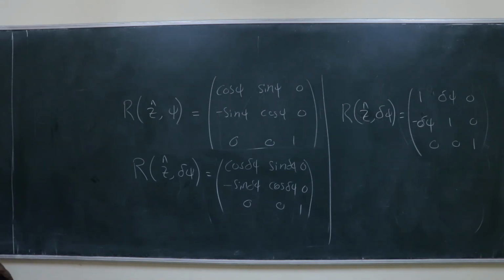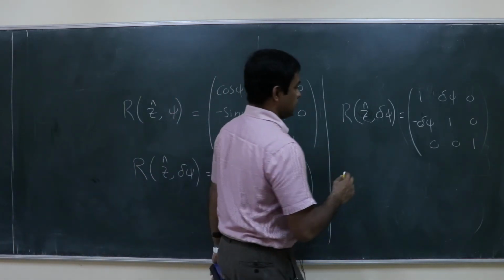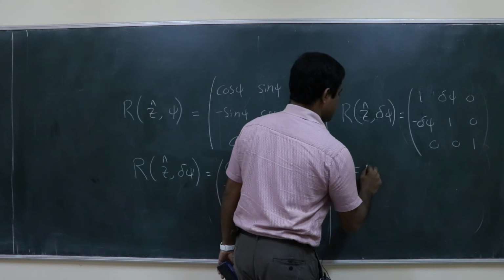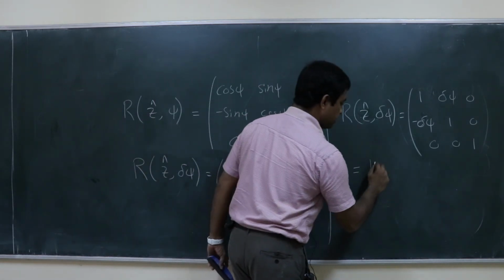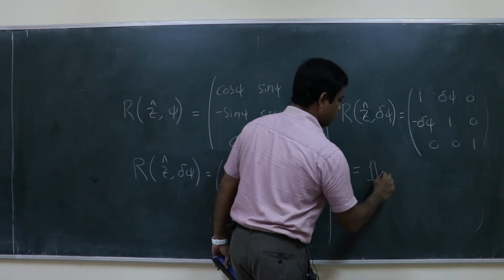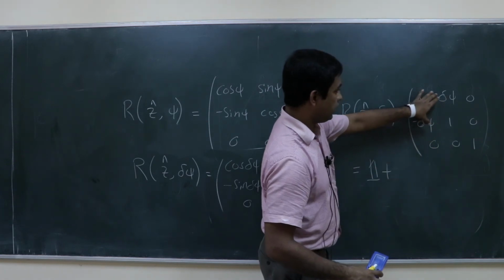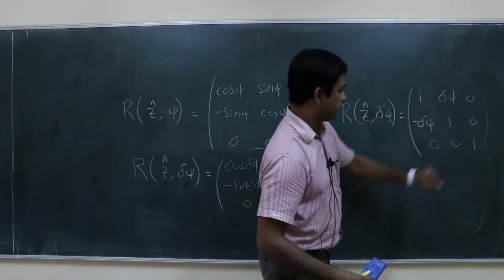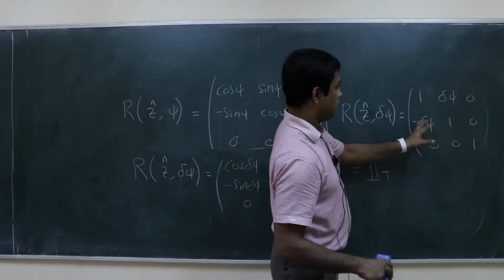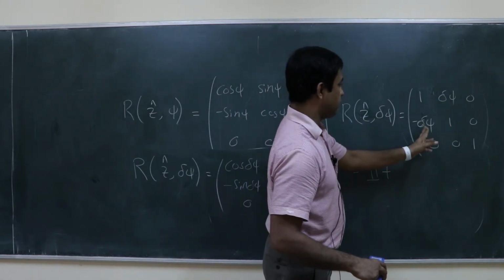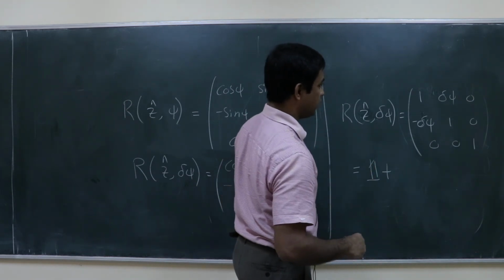So I can write this as, obviously the infinitesimal rotation means identity transformation plus, because you can see this matrix already has one identity, right? So plus what is the rest of the term? Delta psi, minus delta psi, right? All other elements are 0, okay?